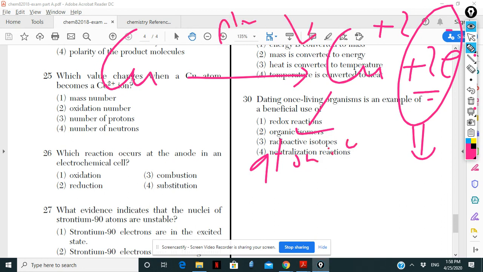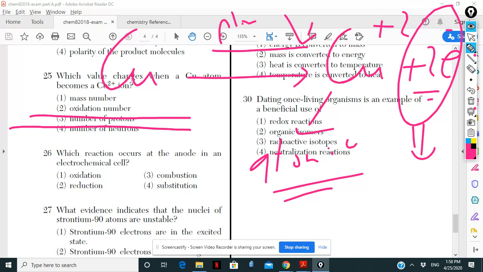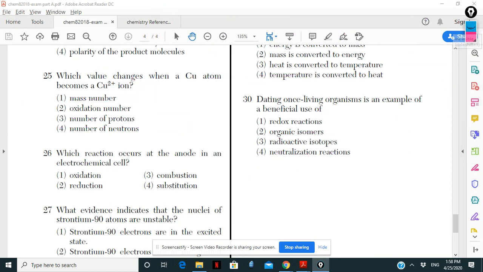Why? The atomic number is related to the protons. The atomic mass is because I still have the protons and the neutrons, and I don't have any effect on the nucleus. So the copper loses two electrons. The number of protons, the number of neutrons, and the mass don't change. Only the oxidation number changes, because here it was zero and becomes positive 2.